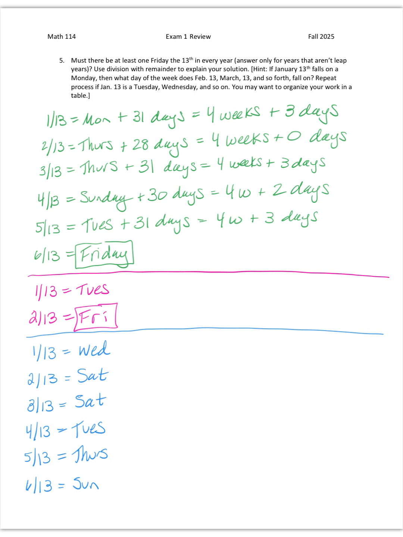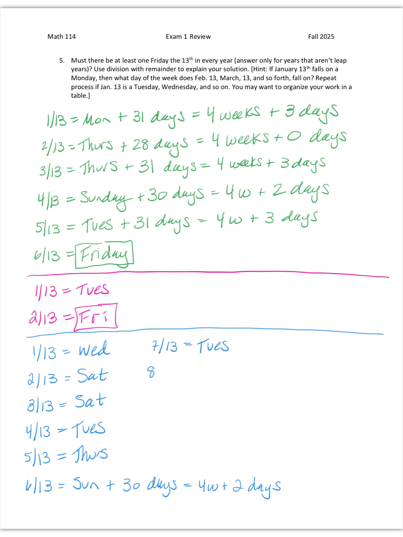So I have to add 30 days, which is 4 weeks and 2 days, which means to get to July 13th, I need to advance my day of the week by 2 days. So Sunday, Monday, Tuesday.